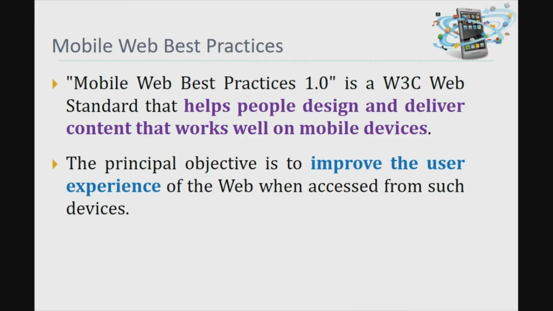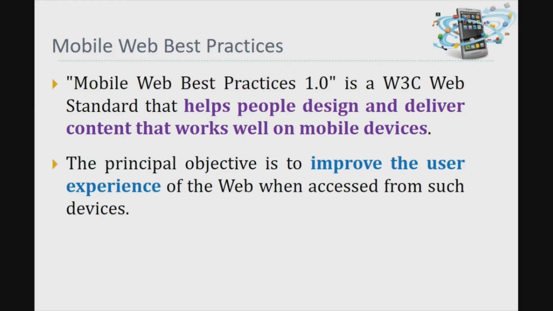The next part is about the mobile web best practice. What we should use, what we should do, what is the best way in order to create the mobile web. So Mobile Web Best Practices 1.0 is a W3C web standard that helps people design and deliver content that works well on mobile devices.